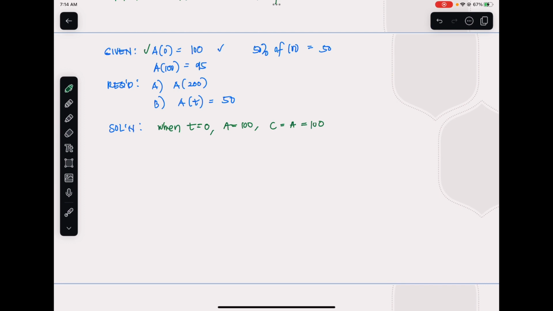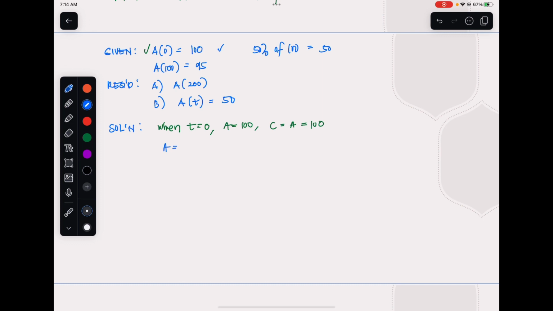Whatever the value of A is when time is 0, that becomes our C. And thus, A will be equal to 100 e^(kt).